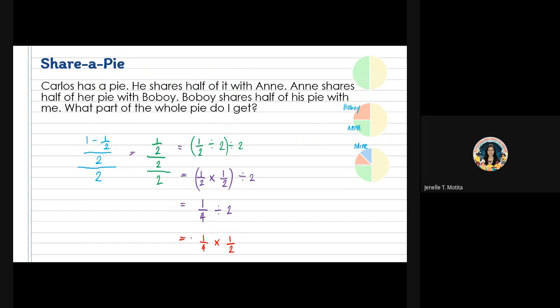So we have 1/4 times 1 half, and we identify the product. 1 times 1 is 1, and 4 times 2 is 8. And this is already the part of the pie you have received: 1/8. I hope this is clear. Share a pie and simplify complex fractions.